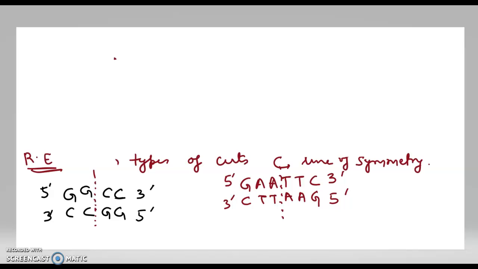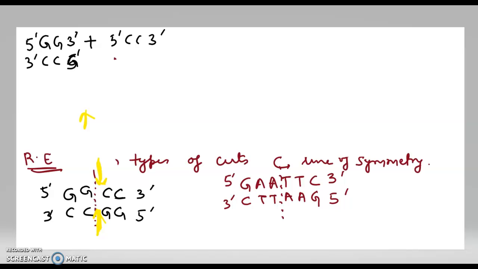Now if a cut is produced along the line of symmetry, then we will get 5' GG 3' plus 5' CC 3', 3' CC 5' and 3' GG 5'. Such ends are known as blunt ends or flush ends.